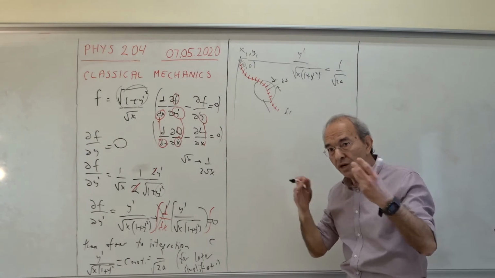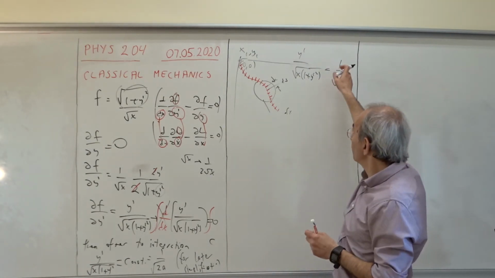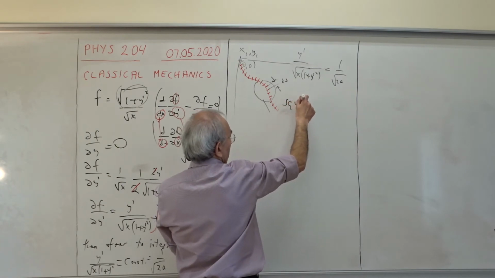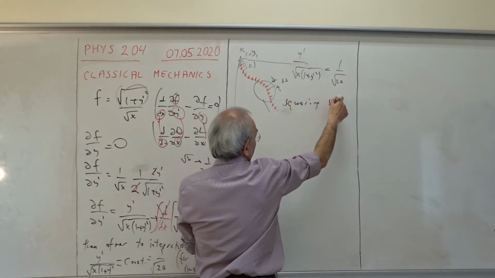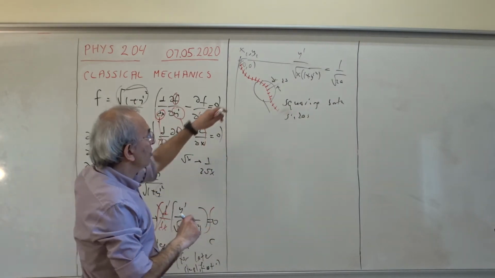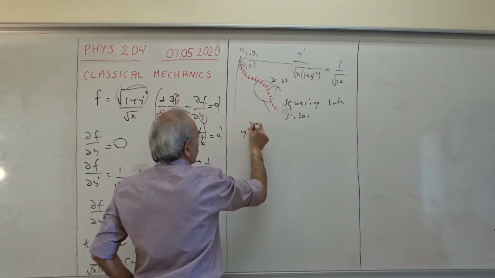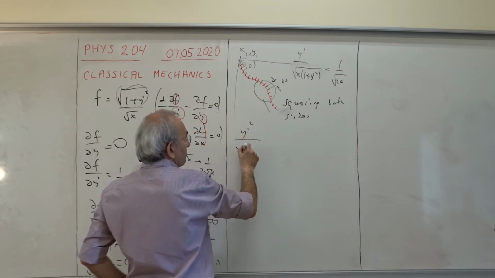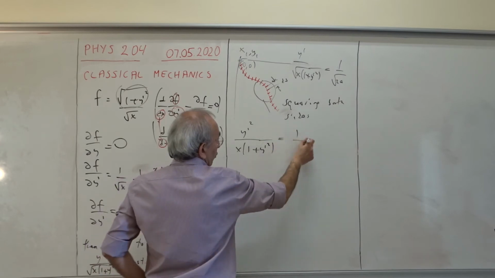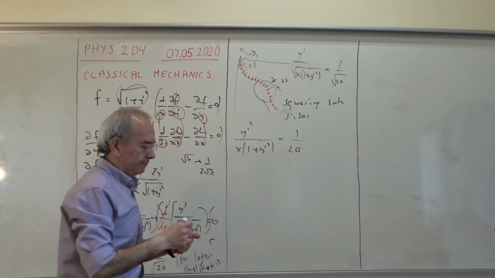So if you take the squares of both sides, this becomes 1 over 2a. Squaring both sides, on the left we have y prime squared divided by x multiplied by this parenthesis is equal to 1 over 2a.